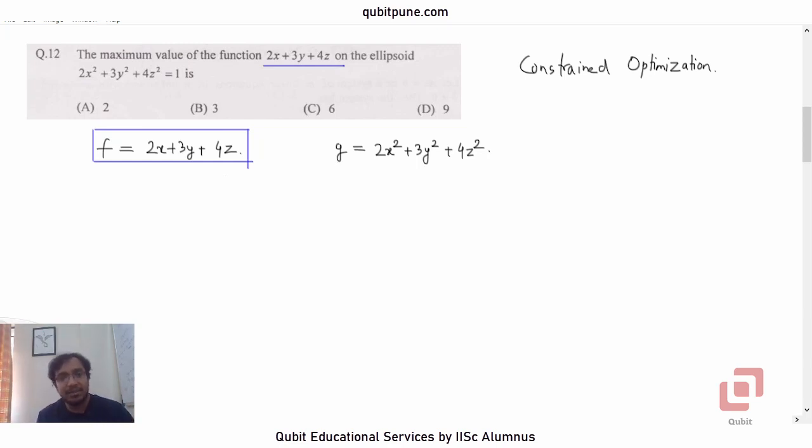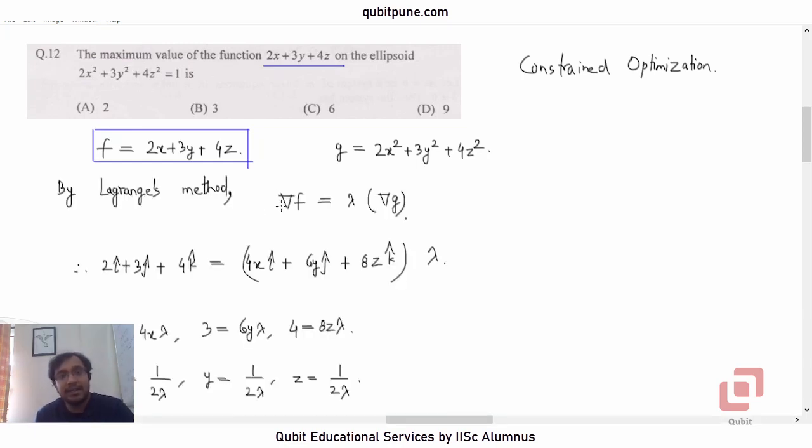The Lagrange's method tells us that in such a direction where the optimum value is found, the maximum or the minimum, the gradient of the function to be maximized, that is del f, should be collinear with the gradient of the constraint function, or its left side at least.